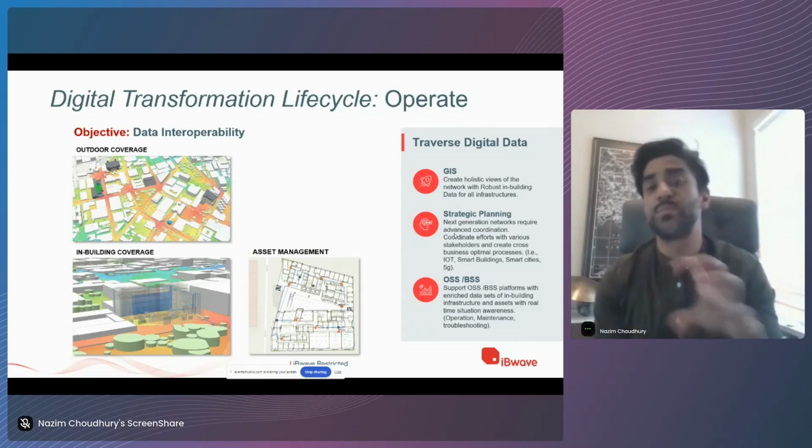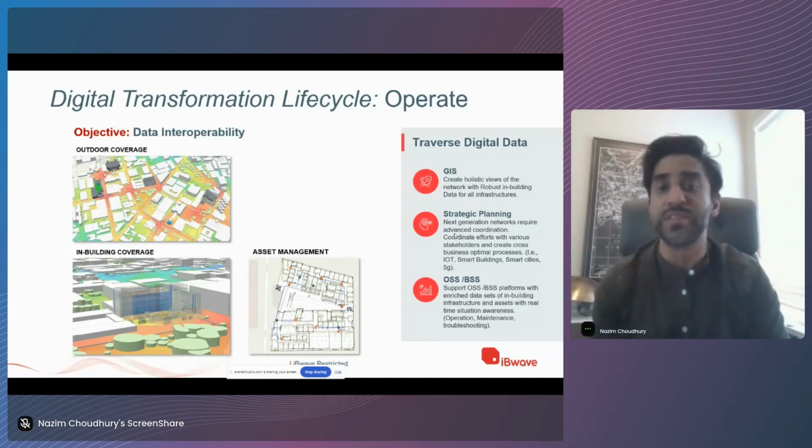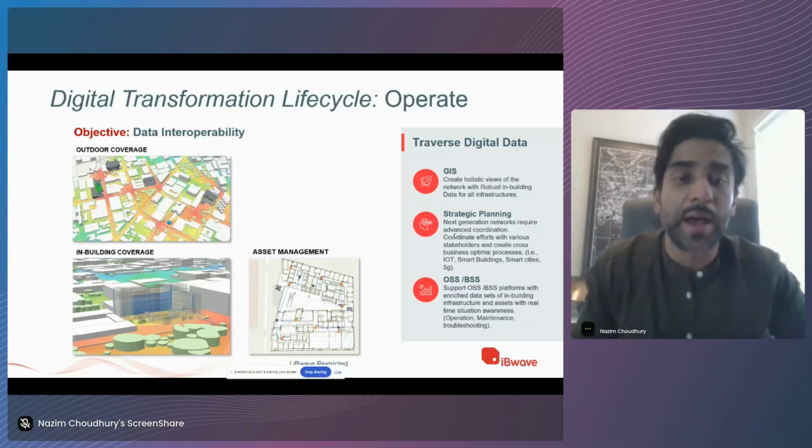So being able to really understand how your wireless assets are performing, having a view of that and ensuring that it's working at all times, or even having predictive maintenance, to be aware ahead of time that something is going down or not functioning properly.